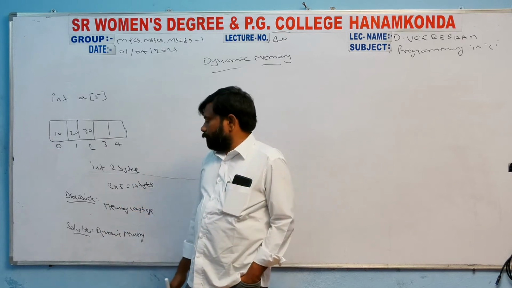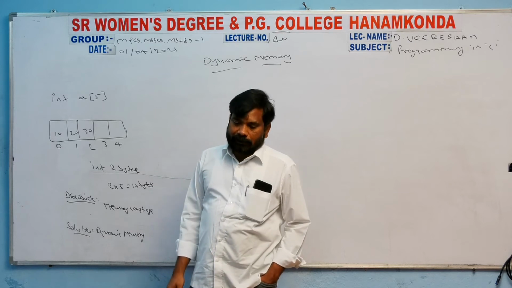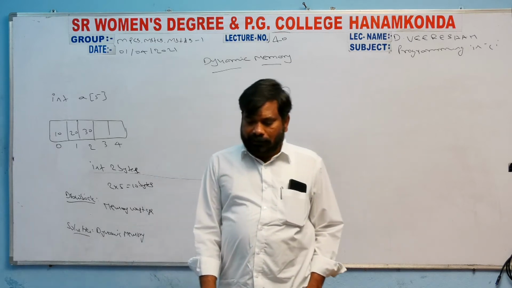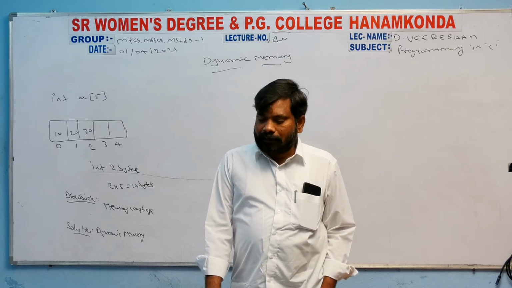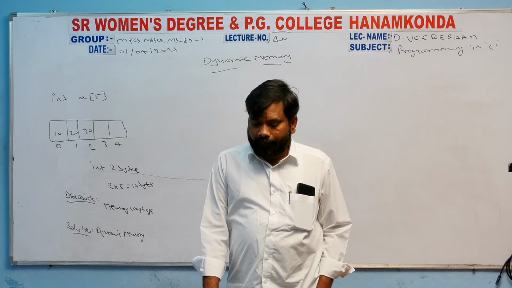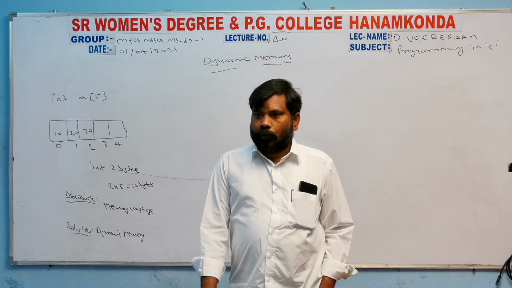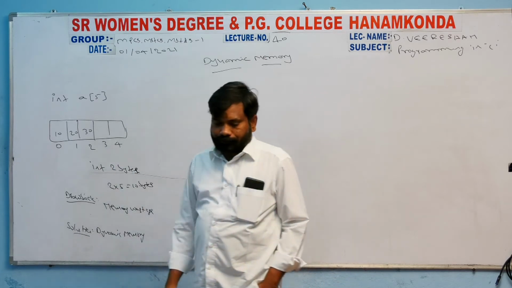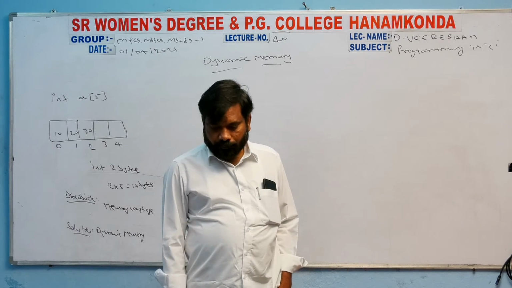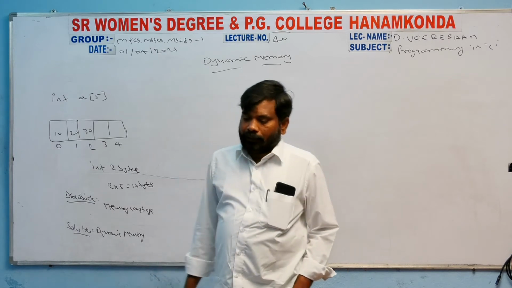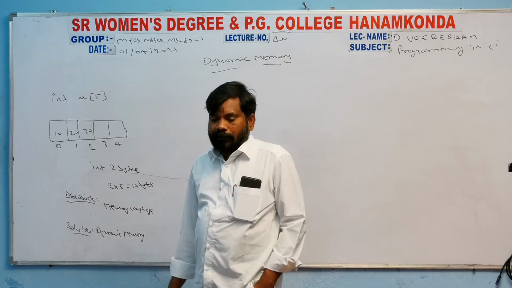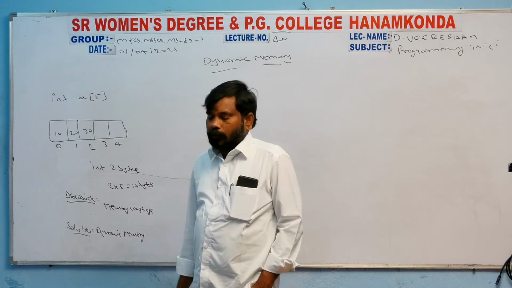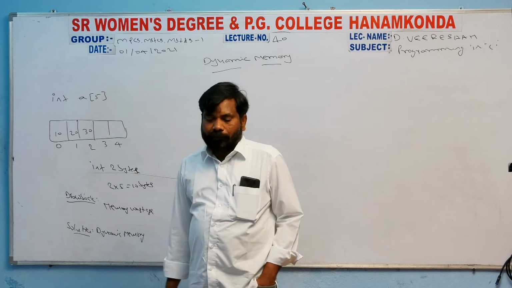There is a concept of dynamic memory allocation. The definition says that when an array is declared, its size has to be given as a constant number and it cannot be changed in the middle of the program. So in the above declaration, the array is defined with 5 elements and occupies 10 bytes of memory.